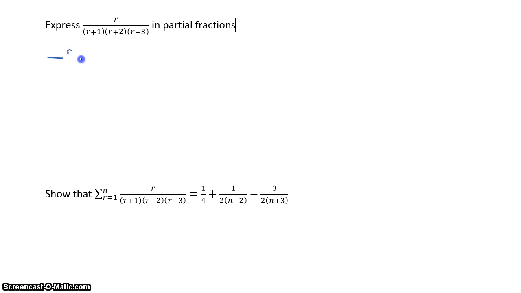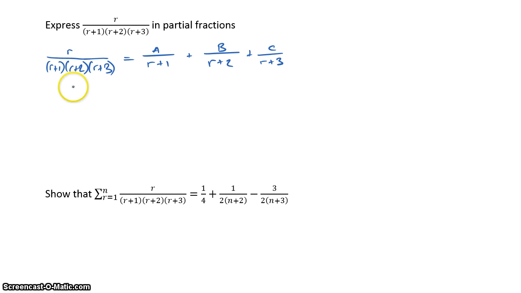I assume that r over (r plus 1)(r plus 2)(r plus 3) is equal to a over (r plus 1) plus b over (r plus 2) plus c over (r plus 3). And then I cross multiply to both sides.